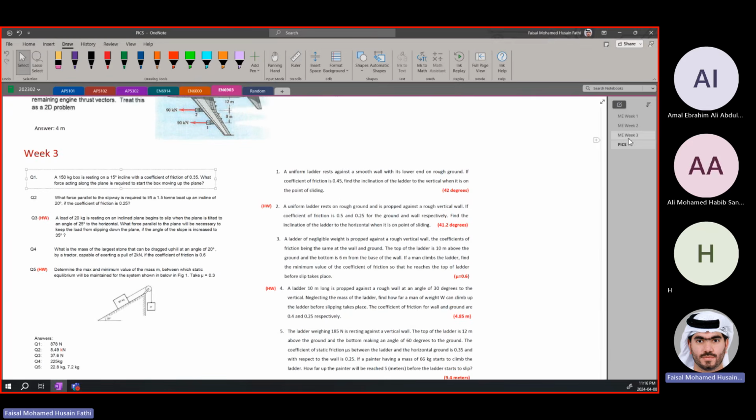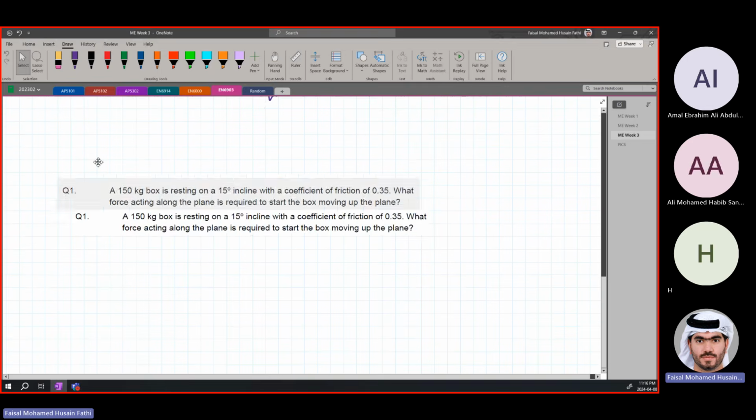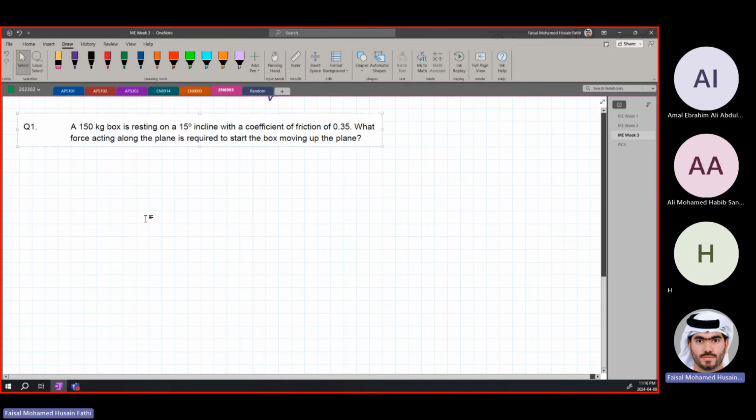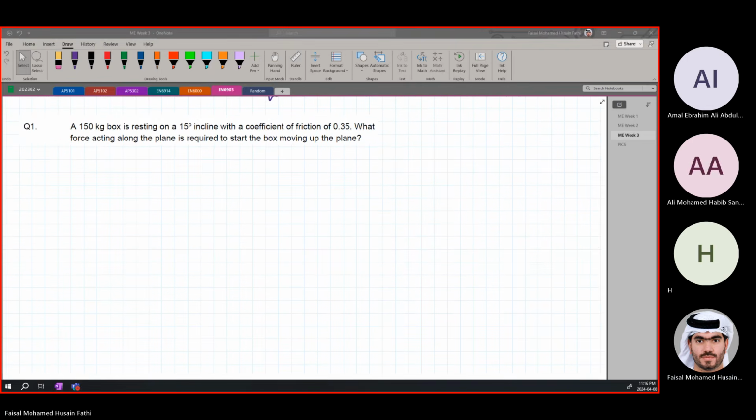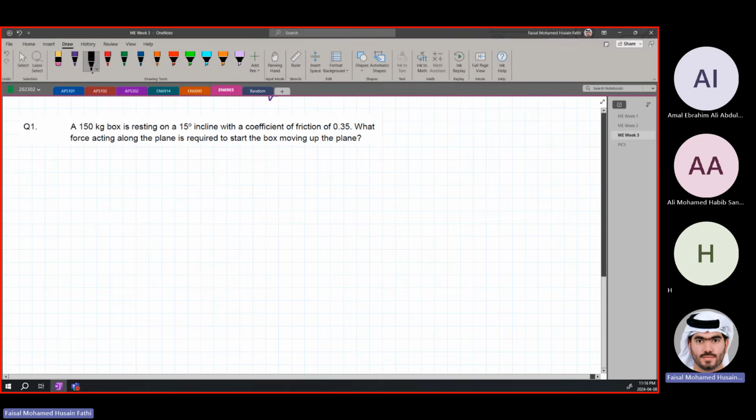Let us start with the first question. First question says, a 150 kilogram box is resting on an inclined 15 degree plane. So in the beginning, let us draw our free body diagram from the very beginning.